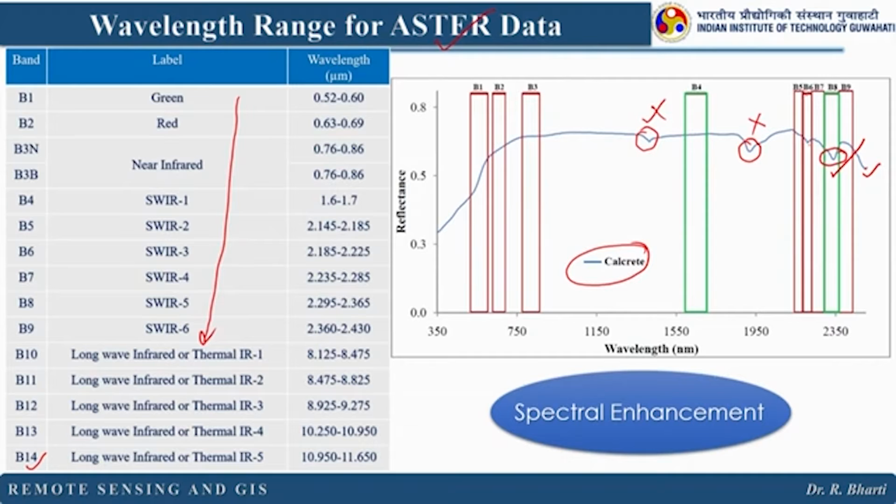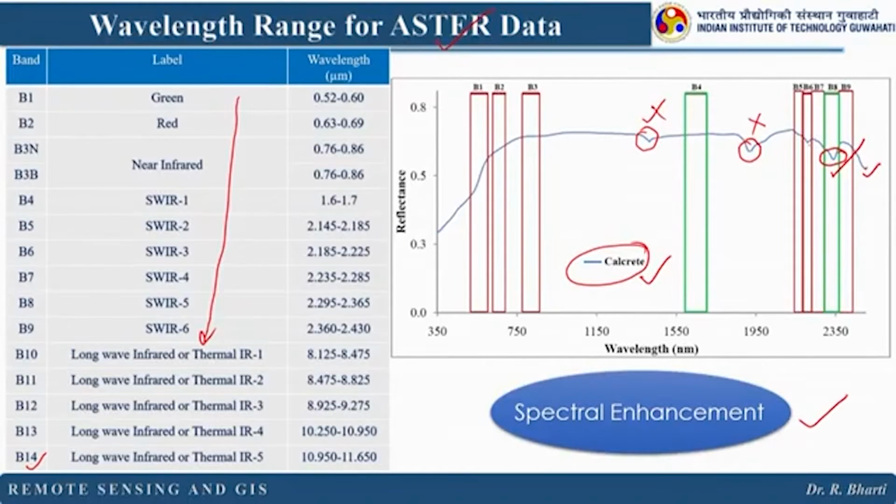So you can see, if you want to highlight this particular material, then you need to find out which wavelength band is available for a given sensor. Then only you can use the other spectral enhancement techniques. So here, what does spectral enhancement mean? Basically, we want to enhance our feature based on the spectral information available from the remotely sensed data, right?